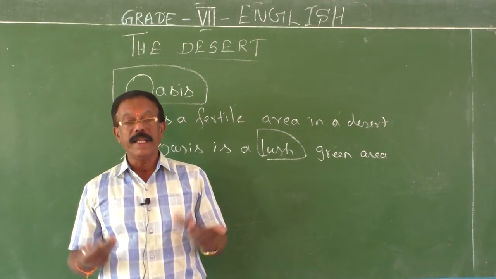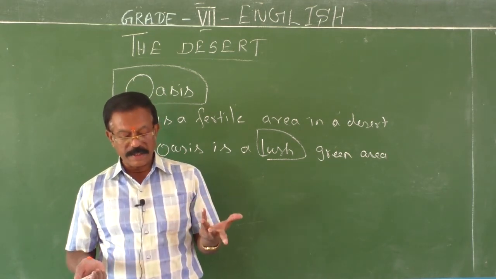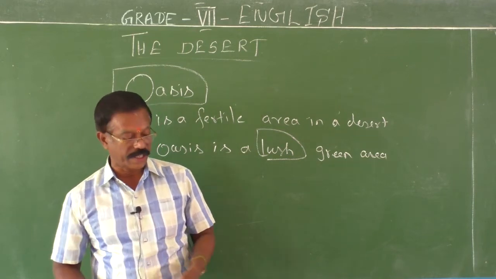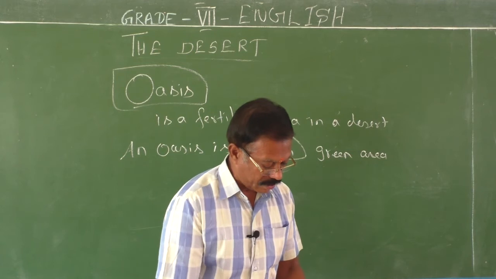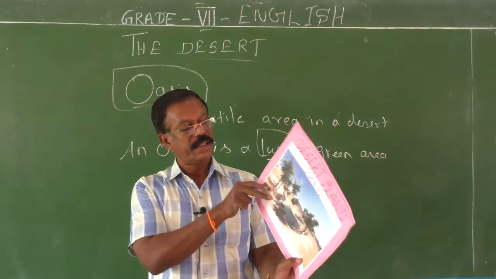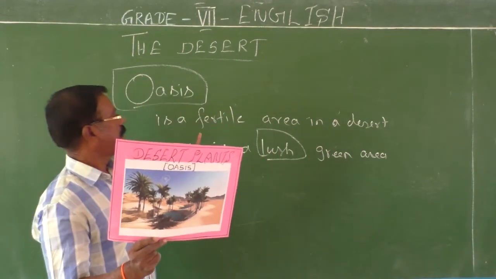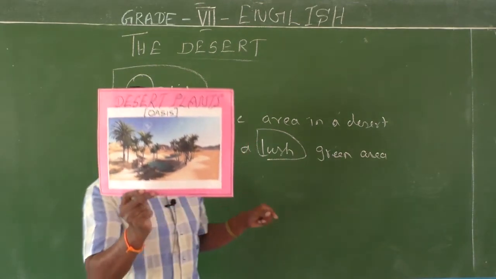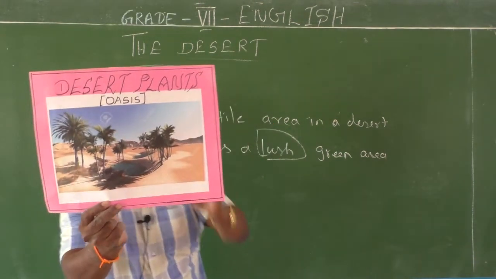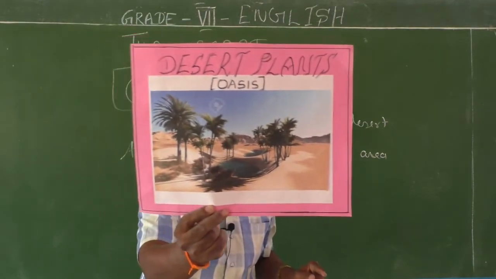In the middle of the deserts, oases are centered around natural springs, which are historically found in such areas. Let me show you a picture. How nice it is to see the picture. See, this is an oasis. So an oasis is a fertile area in a desert, and an oasis is a lush green area.